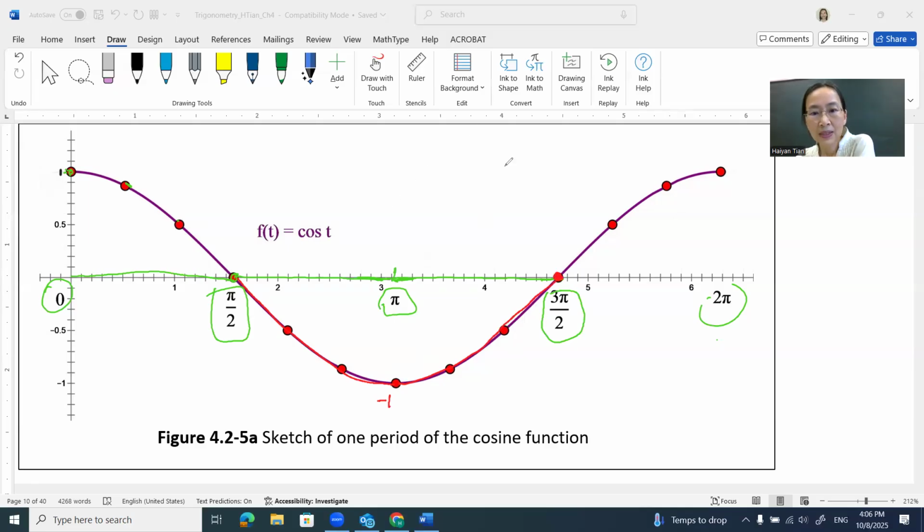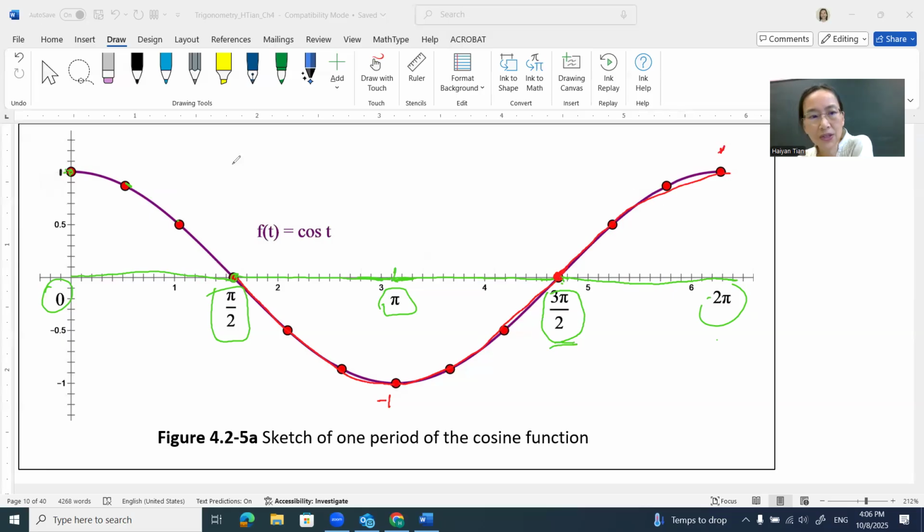And when t is between 3 pi over 2 and 2 pi, in the fourth quadrant, then the cosine t is positive, and more and more positive, from 0 to positive until +1.